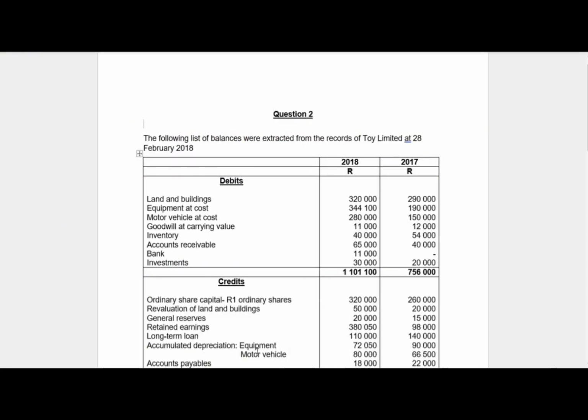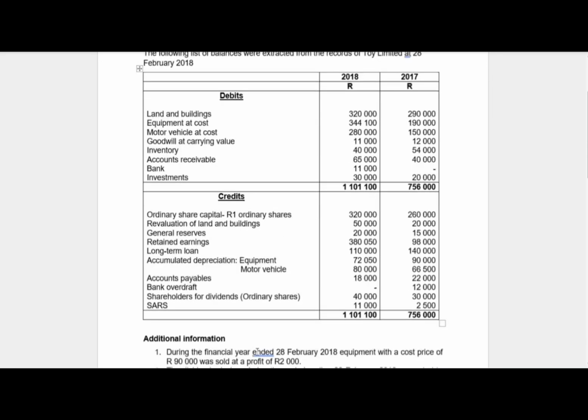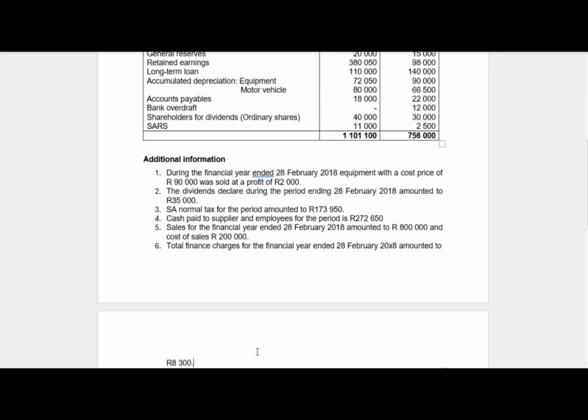So let's go and just record this one, because it will save us time to just cut and paste. If you see it, you just cut and paste quickly. So it's transaction number 4, cash paid to suppliers and employees for the period is 272,650.